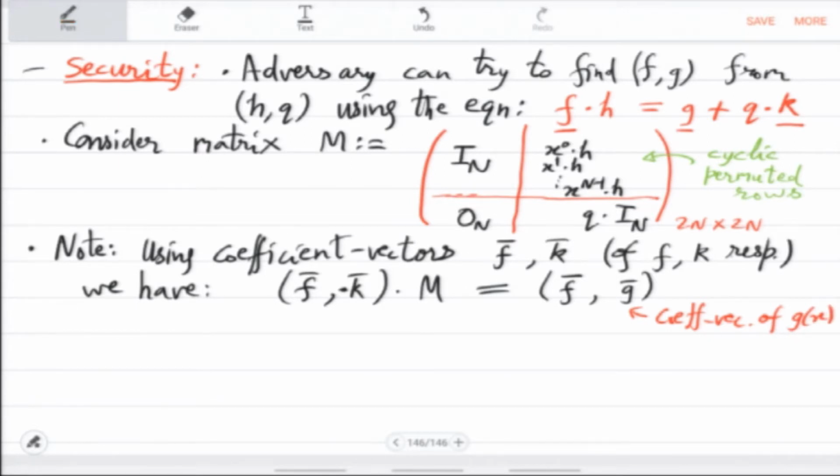So the point being that integer row combinations of M give you f and g. So f and g, in other words, is in the lattice.